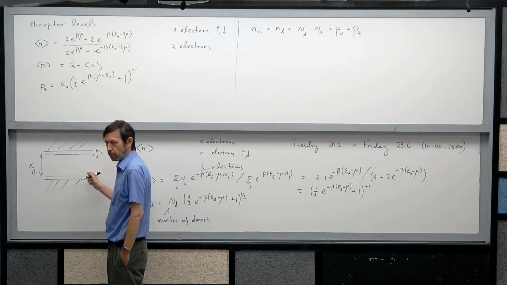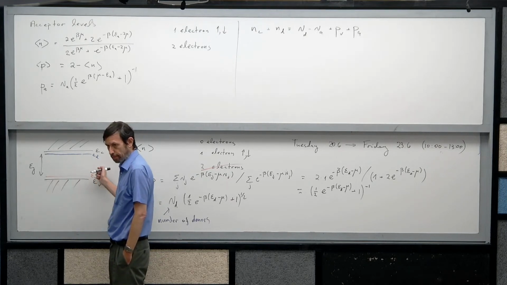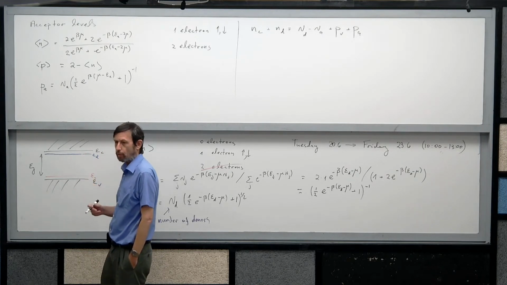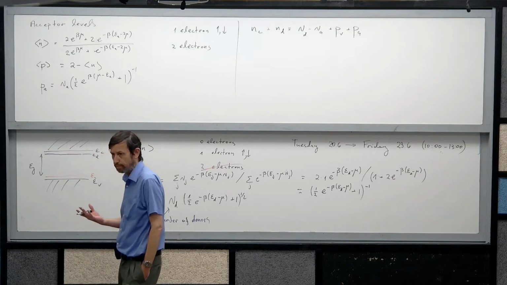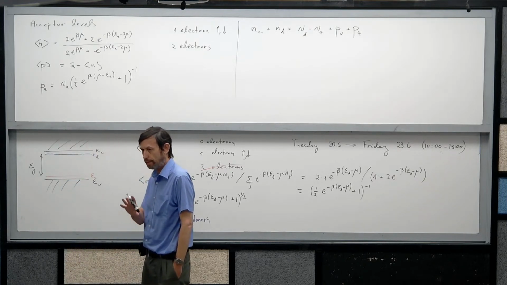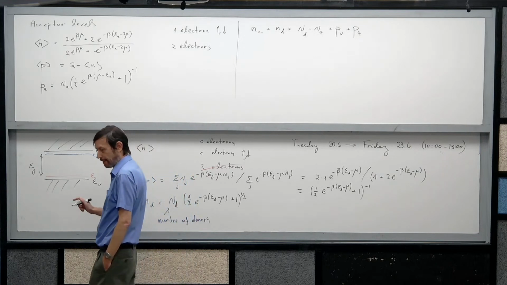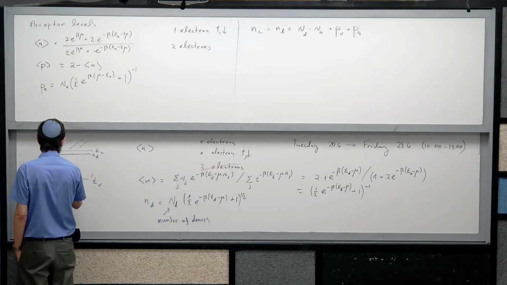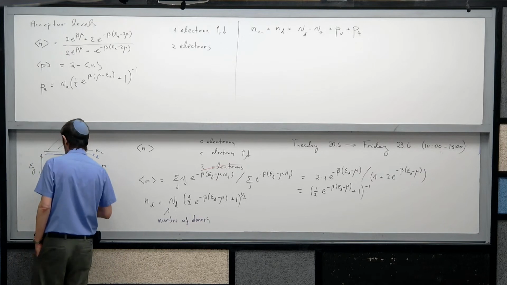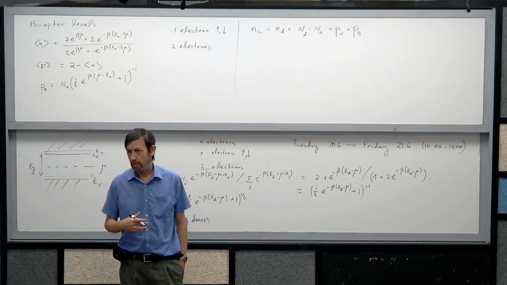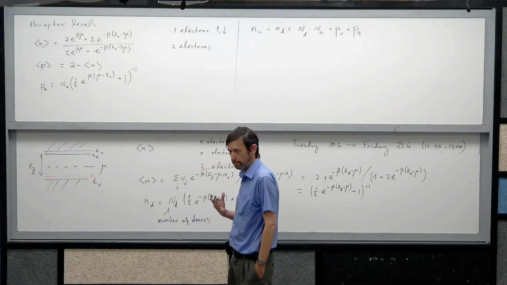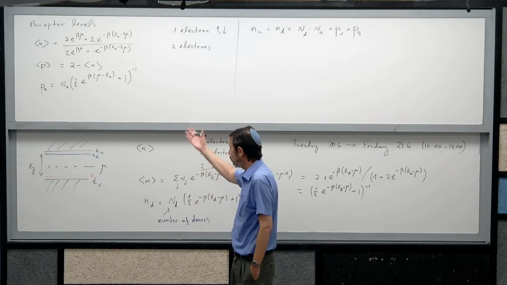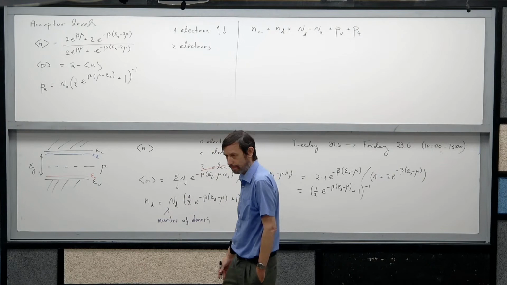If I didn't have donors and acceptors, it would have been in the middle. If the number of acceptors or donors is not huge, it won't move much. I haven't proven it, but I assume it. Let's see, let's come out and check under these assumptions how the behavior of the occupation behaves. Because as you see, mu comes in everywhere.